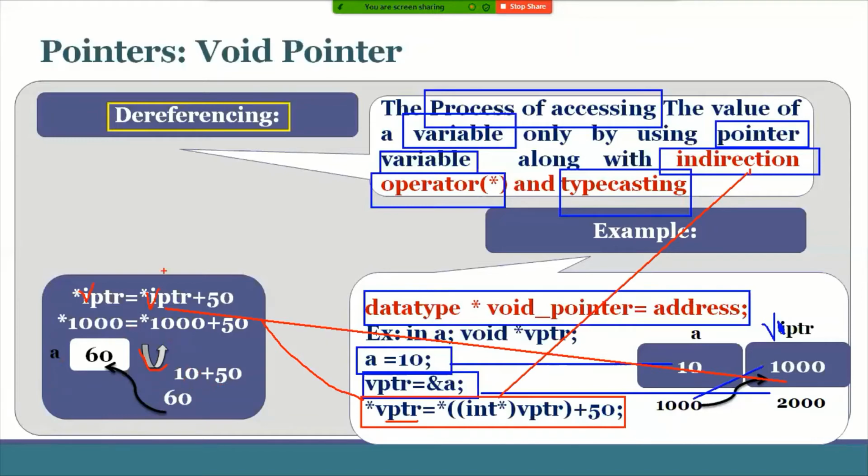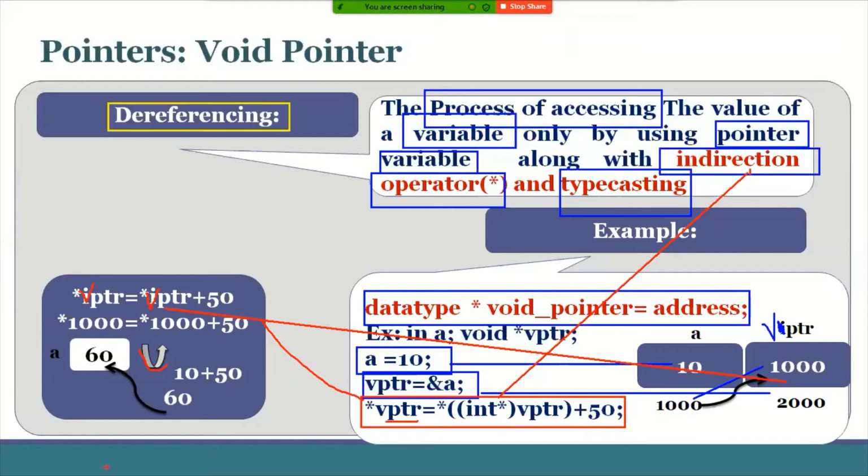Before performing that, the statement performs typecasting. VPTR is of void pointer type. A void pointer can hold any type of variable's address, but a void pointer cannot access an integer variable's value. An integer value cannot be accessed by using a void pointer.